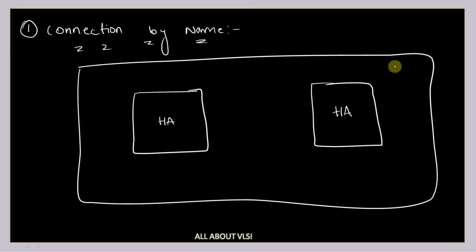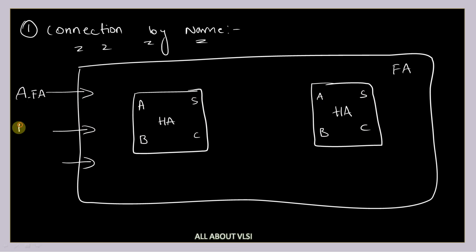This is my full adder, and I have A, B, S, and C. This full adder has three inputs: A underscore FA, B underscore FA, and C in underscore FA. And here I have S underscore FA and C underscore FA. These are my outputs and these are my inputs.